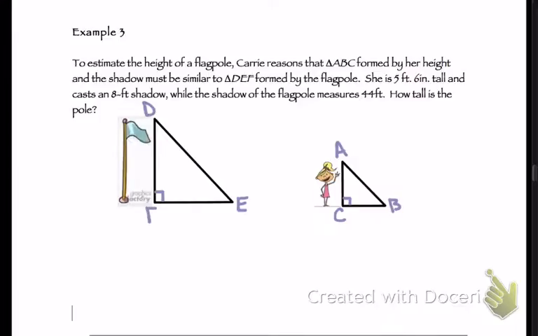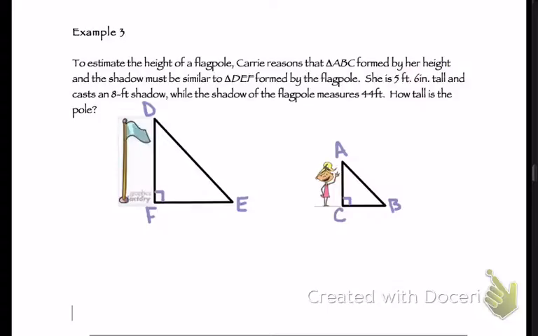So, the example that I gave you, take a look. I decided to put two triangles there for you. To estimate the height of a flagpole, Carrie reasons that triangle ABC formed by her height and the shadow must be similar to triangle DEF formed by the flagpole. So I took triangle ABC and triangle DEF and I put them there.